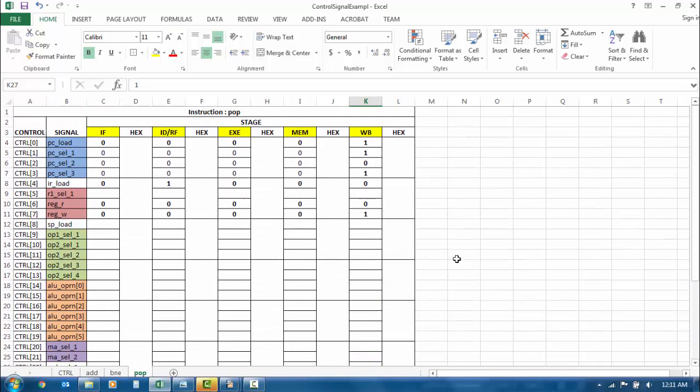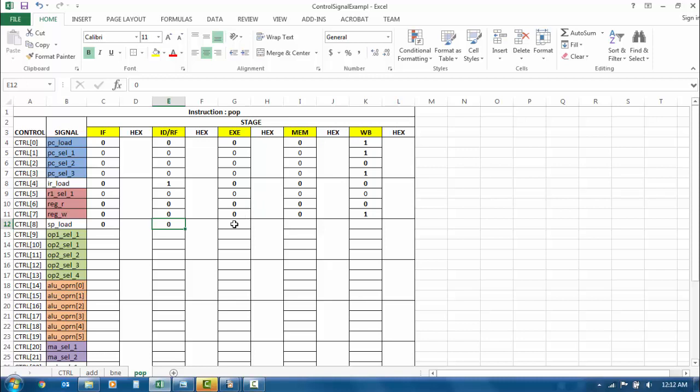And what else? This selection is not important, we're not doing a register fetch here really. Now SP load. Of course in the register fetch it would be 0. SP load, I need to update it before the memory is accessed, right?